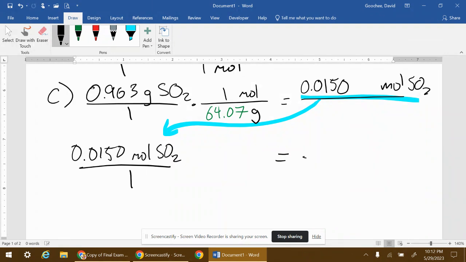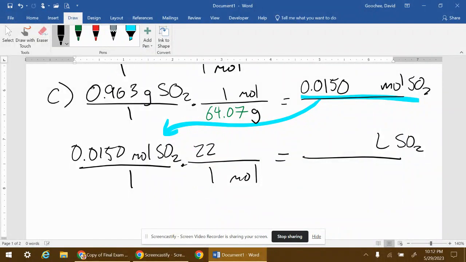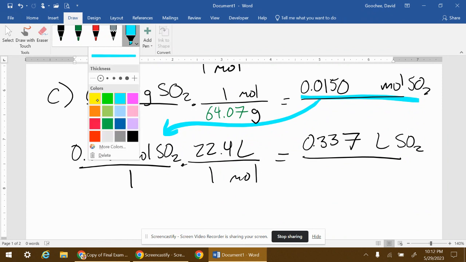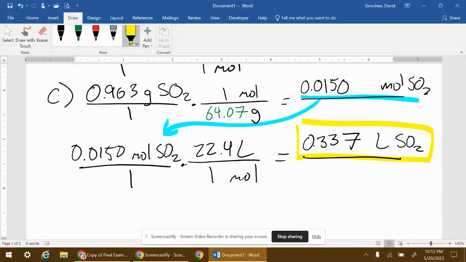And we want to figure out how many liters of SO2 that is. Well, 1 mole is equal to 22.4 liters. So times 22.4, and I get 0.337 liters.